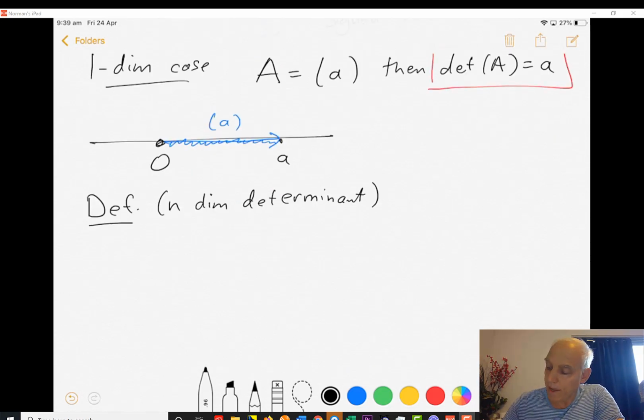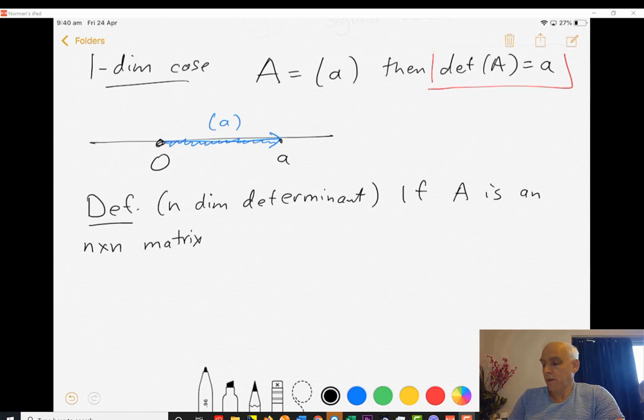Okay, so if A is an n by n matrix, let's give the elements some name. Let's say that A is a matrix consisting of little a_ij.